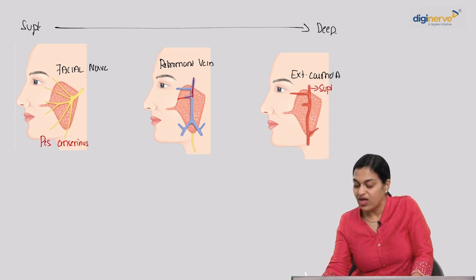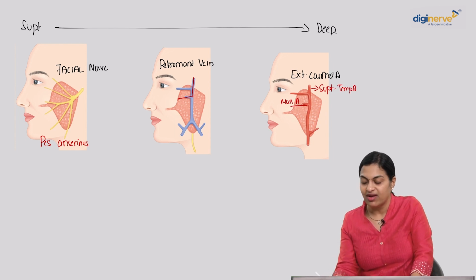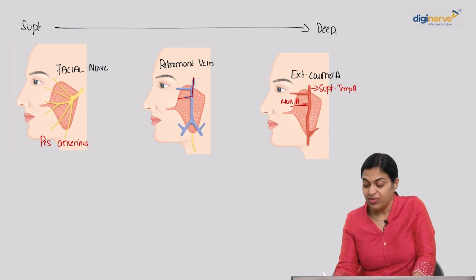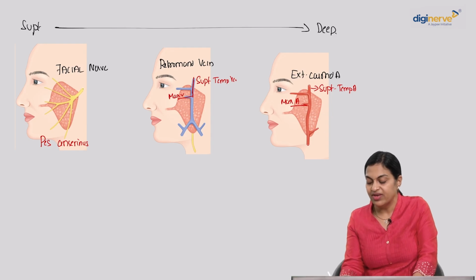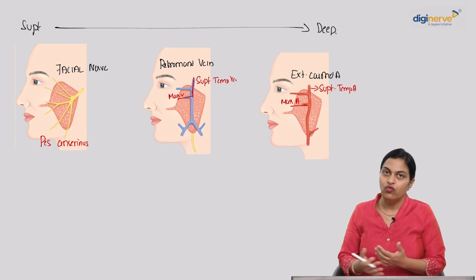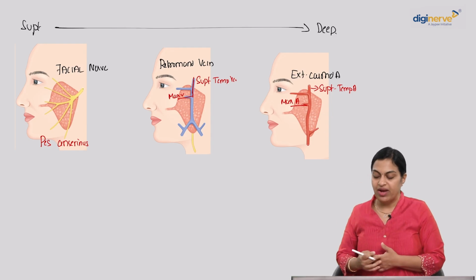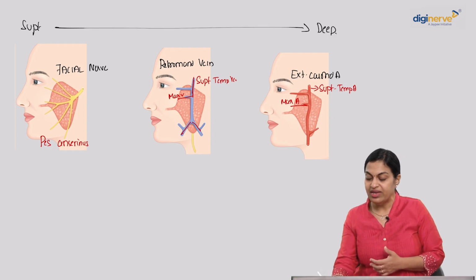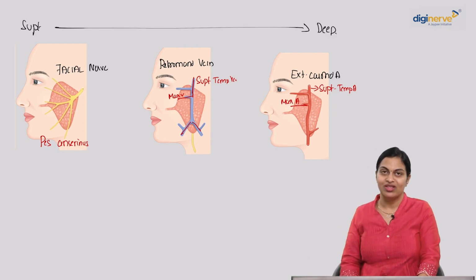This one which goes up is the superficial temporal artery, and the other terminal branch is the maxillary artery. So the accompanying veins, superficial temporal vein and the maxillary vein, they unite to form the retromandibular vein that will divide into an anterior division and posterior division.